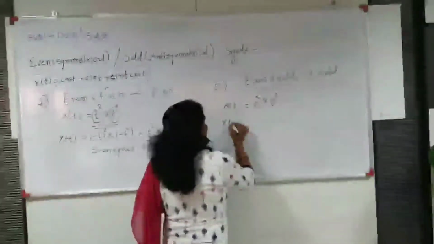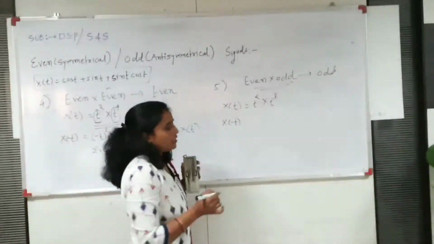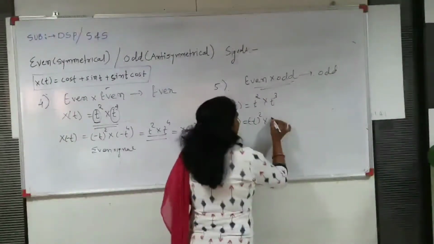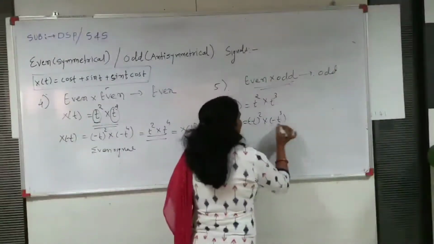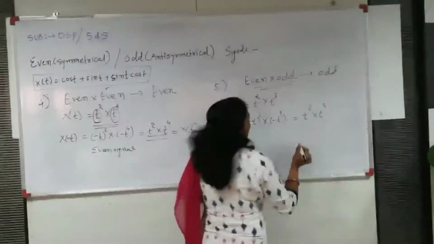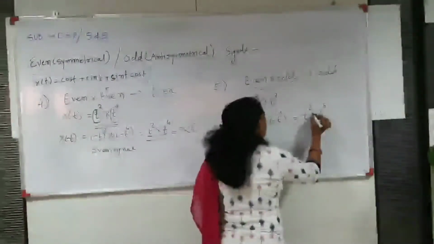Now putting minus t instead of t, it's minus t square into minus t cube. So it becomes t square into minus t cube, because minus t cube becomes minus t cube.